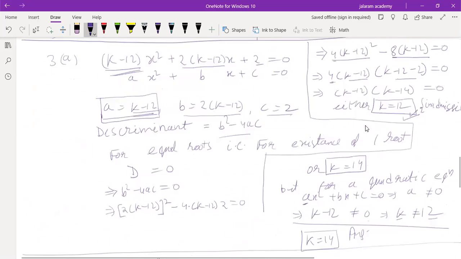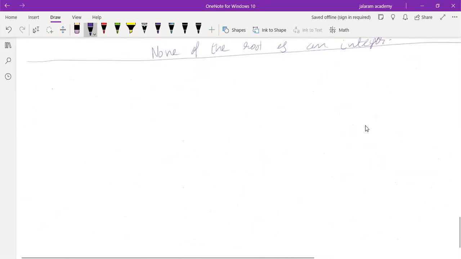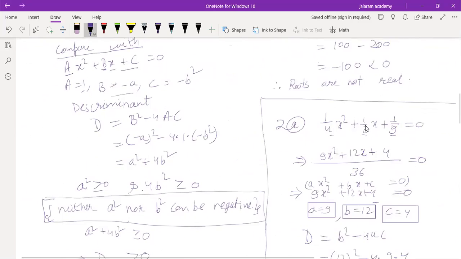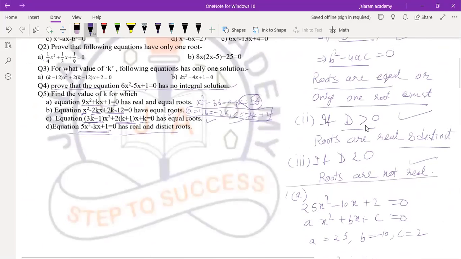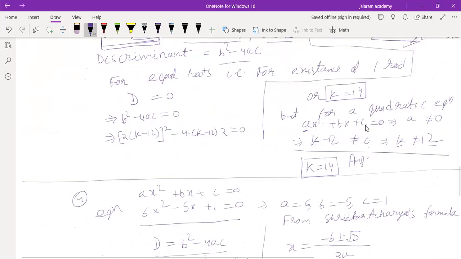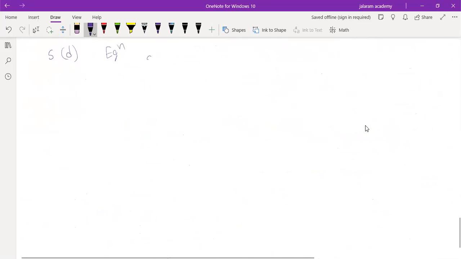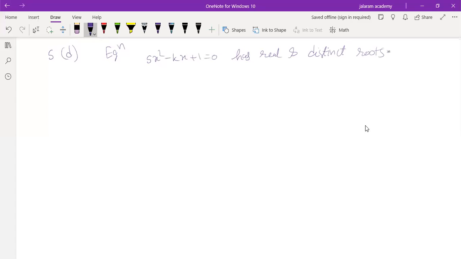So think about the condition when the roots are real and distinct.